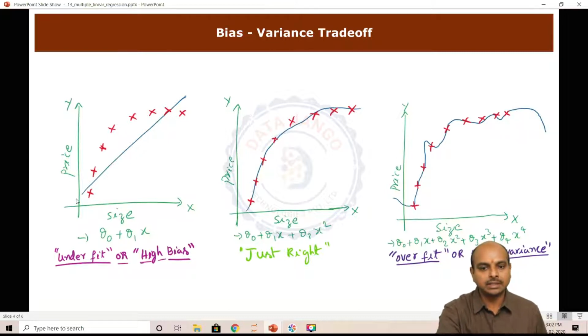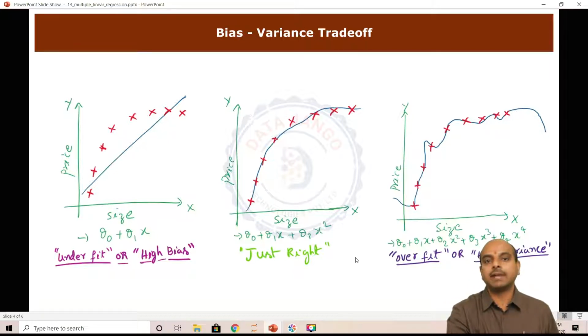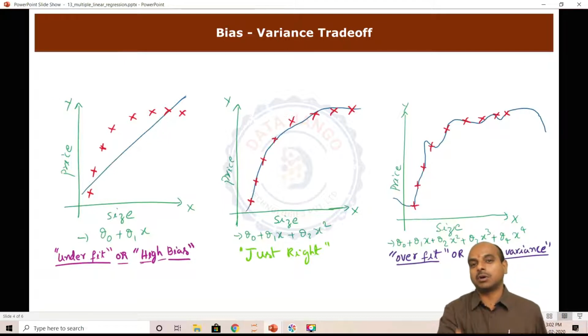So you know that there is a model between linear and the fourth degree which fits well, but you don't know which feature to drop. See here, actually you are given with only one x. You added x square, you added x cube and x to the power 4. And by the time you reached x to the power 4, you understood that the model is overfitted.